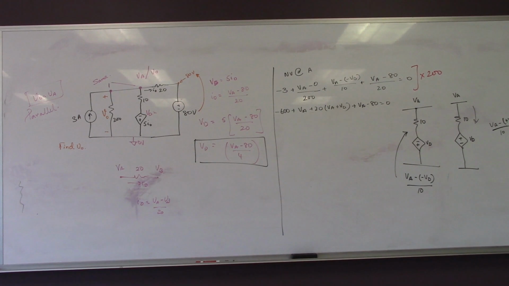Okay, so if you put together all the VA terms, you have 20 and 1 and another 1, 22 VA.